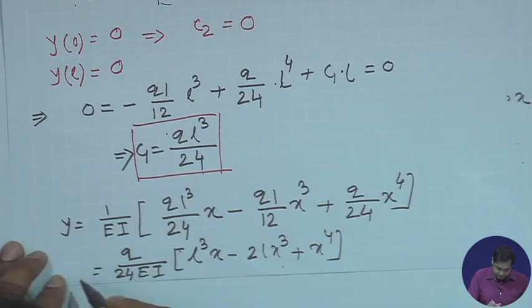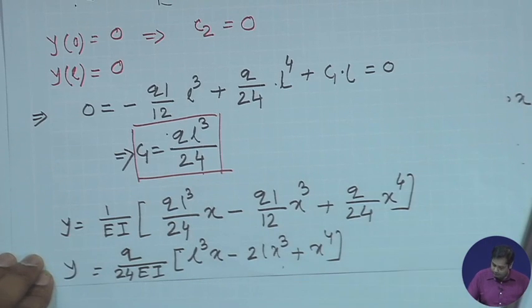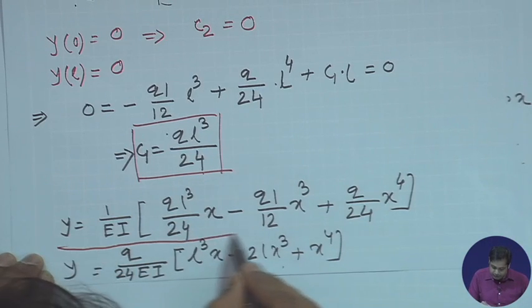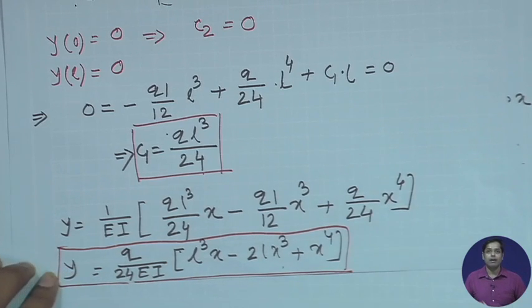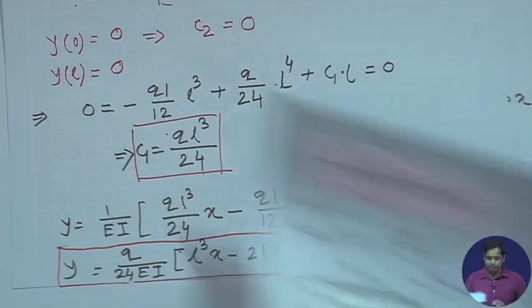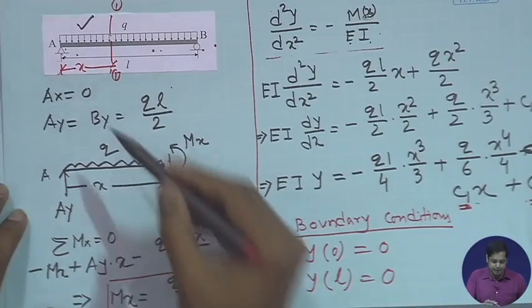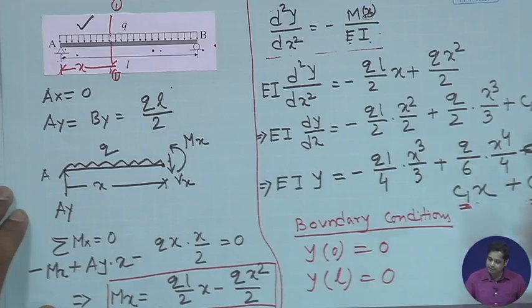So, this is y equal to this. This is the expression of y as a function of x. Okay. So, if we look at this beam, this beam will deflect like this.